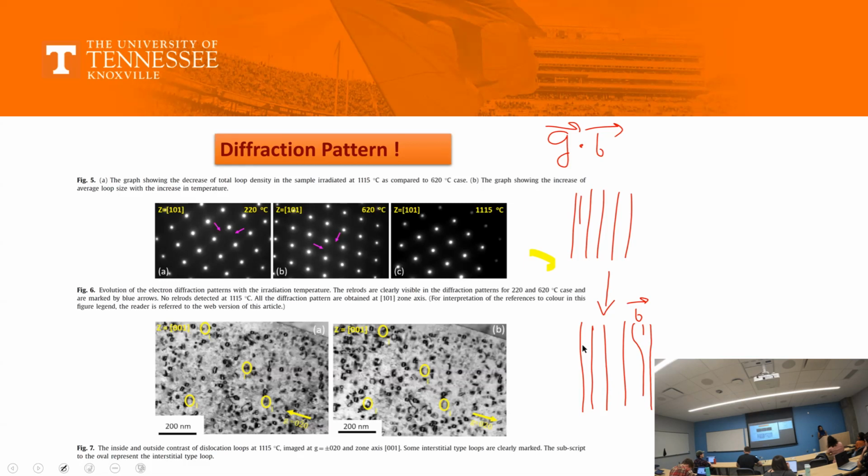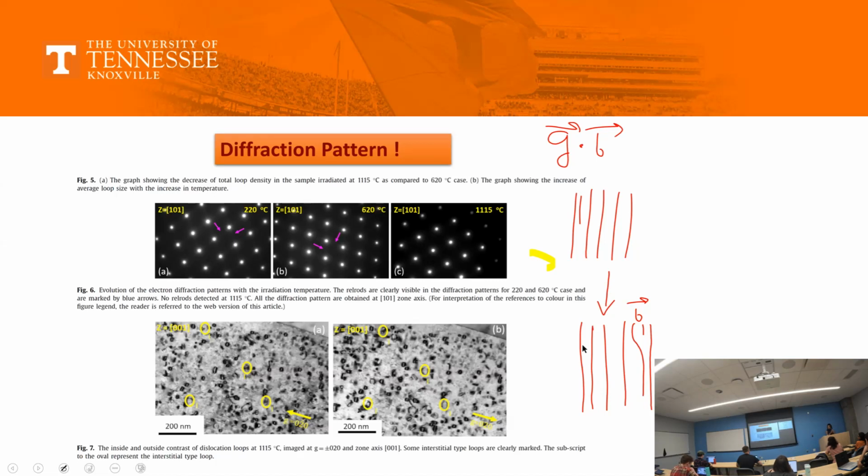There is no way out of it. Sooner or later, if you ask your colleagues, you should have a very strong base, even if you want to interact with them and go deeper. So people who will do this project will talk about g dot b and the Burgers vector. These are the people who will do perfect loop analysis.